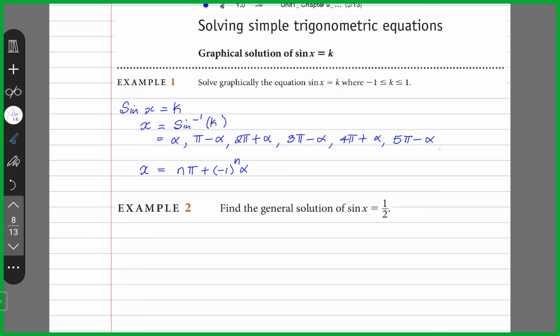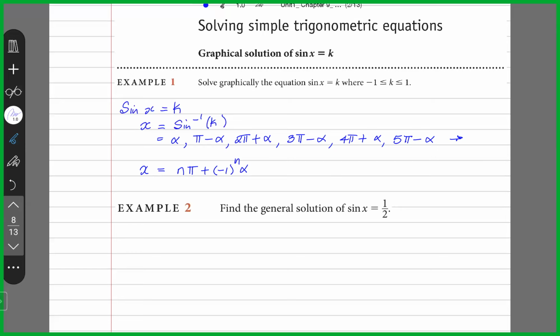As you can see from this line here, the signs of alpha interchange. We have minus alpha, minus alpha, plus alpha. The minus 1 to the power n interchanges the sign of alpha.